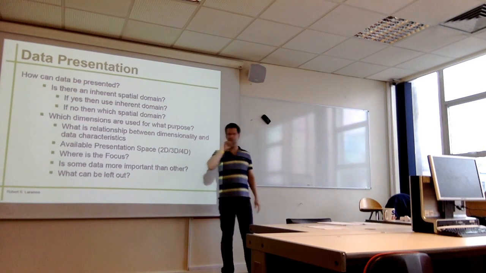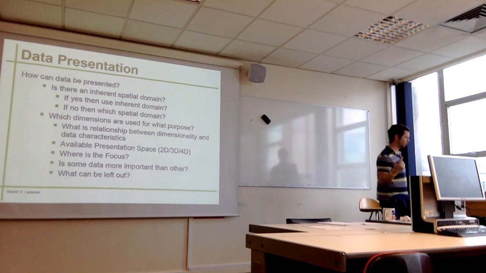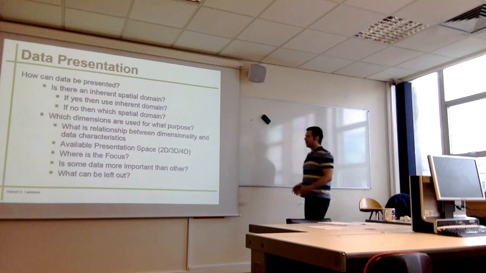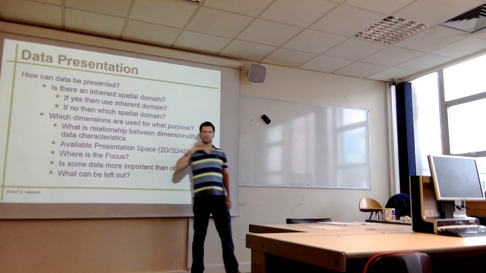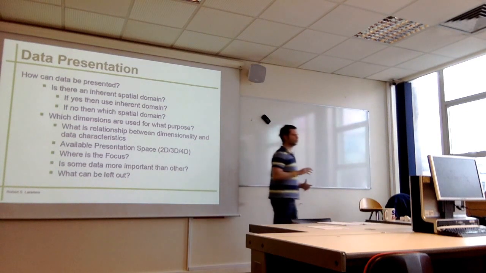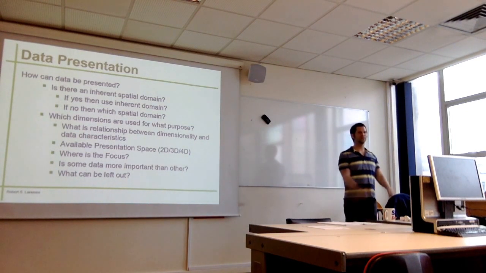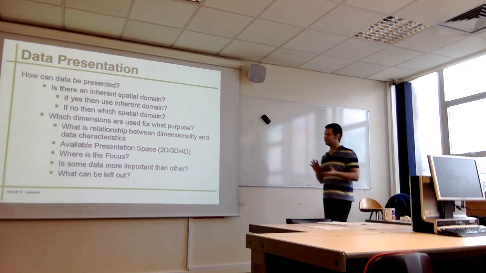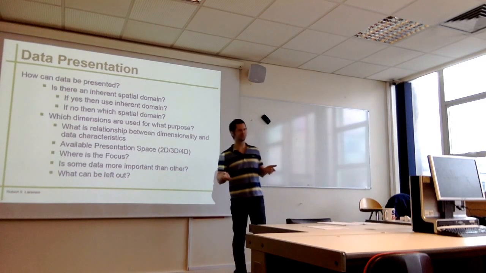And what is the space that we have for our presentation? Do we have 2 dimensions available? Do we have 3 dimensions? Do we have 4 dimensions? Some more advanced questions are like, where should we put our focus? So usually the data is not all of equal importance, right? Usually there's a focal point and maybe something like context.